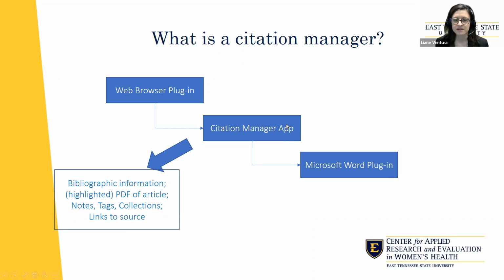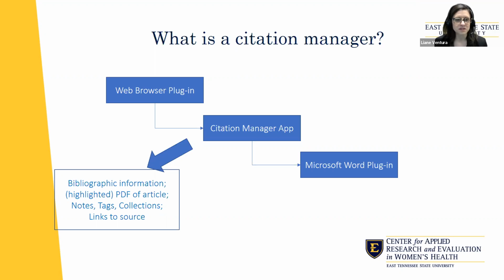The citation manager app keeps track of all of the metadata and allows you to organize, annotate these resources, and also cite and write. So cite and write features allow you to link the citation manager directly to Microsoft Word via a plugin, and then cite in any citation style that you need, such as AMA or APA.